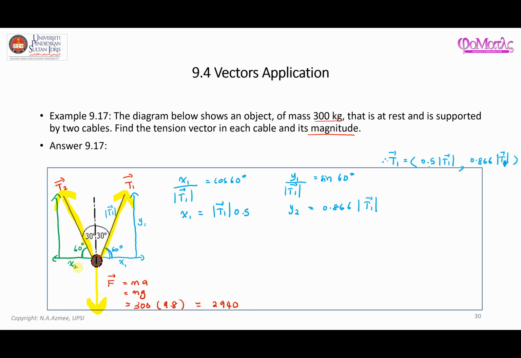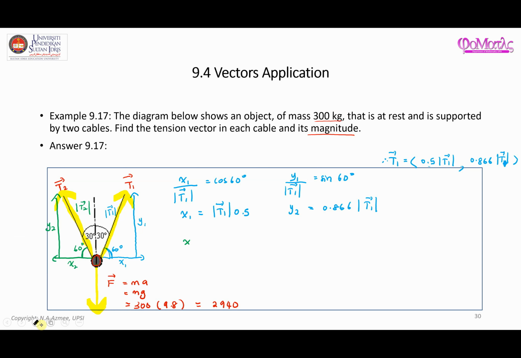So this is x2, with respect to tension vector 2, and this is y2. Again, we don't know the magnitude of this tension vector, and we can just call it the magnitude of tension vector 2. So we can represent it using this mathematical symbol here. Now, following the same idea, I'm going to write down x2.